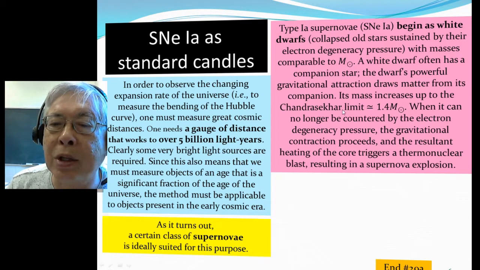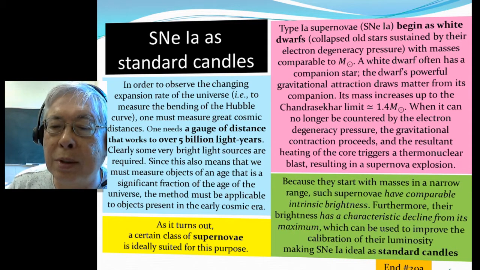When it passes the Chandrasekhar limit, 1.4 solar masses, it can no longer be countered by the electron degeneracy pressure, and the gravitational contraction proceeds, heating the core, which triggers a thermonuclear blast, resulting in a supernova explosion.